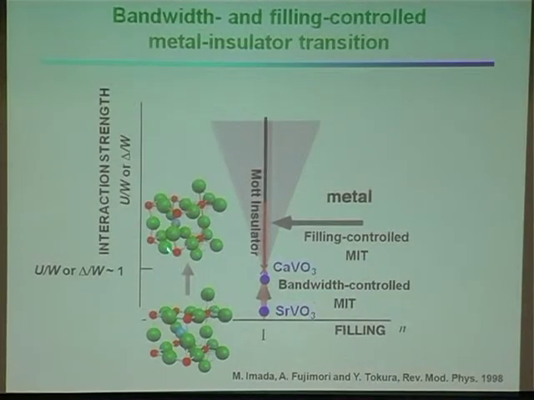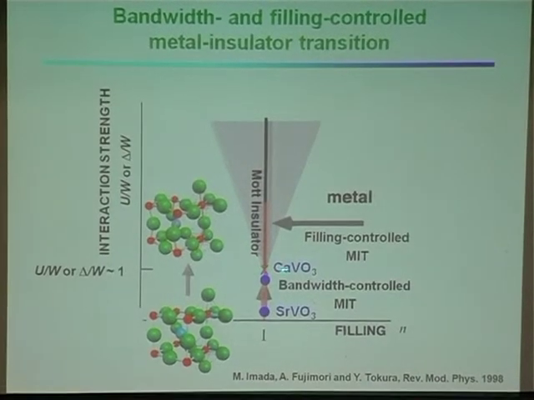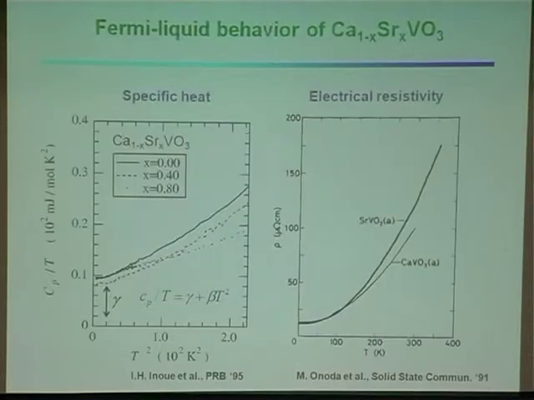If you distort the crystal like this, then the bandwidth is narrowed and U over W gets bigger, but still below the critical point of the Mott transition. So these two are good metals, without magnetic ordering or any superconductivity. This is a typical Fermi liquid: C over T, or gamma, is finite, and resistivity follows T-square behavior.